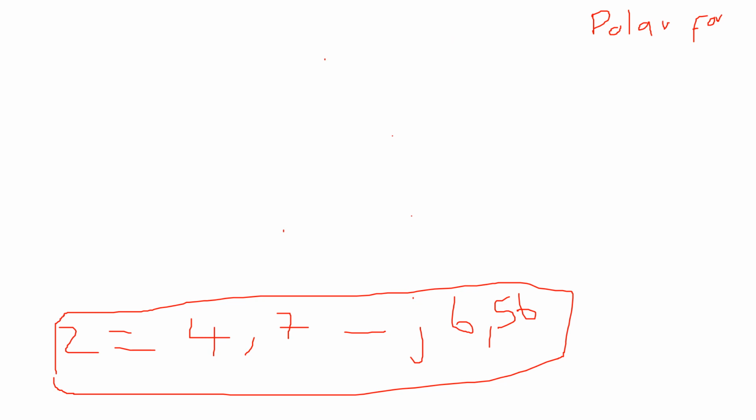So now when we write the expression in polar form, remember we must find our resultant, and our resultant will be the square root of the real part squared plus the imaginary part squared. So we're just going to take 4.7 squared, and then we're also going to take 6.56 squared.